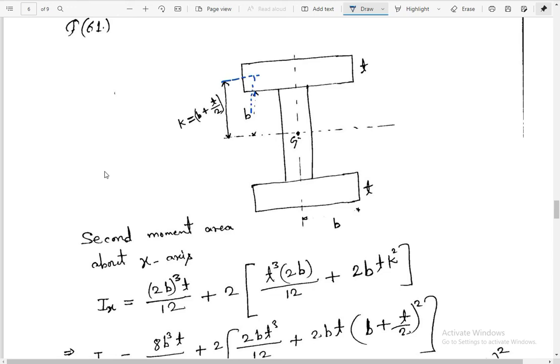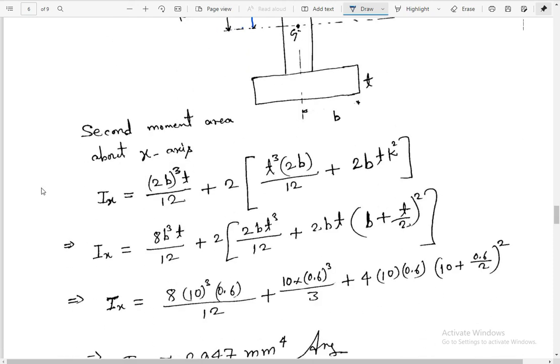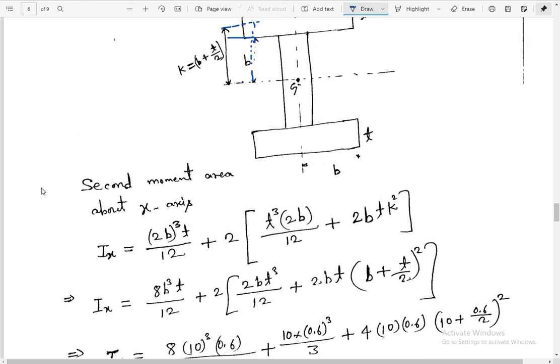K is equal to B plus T by 2, the half of T. Second moment of area about x-axis is B dq by 12, and because there are two flanges and a web, we have this formula.